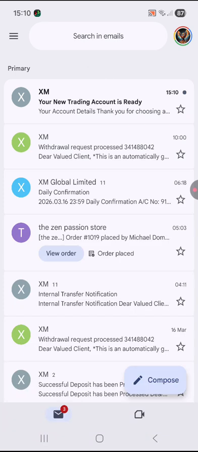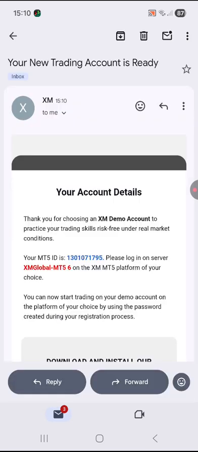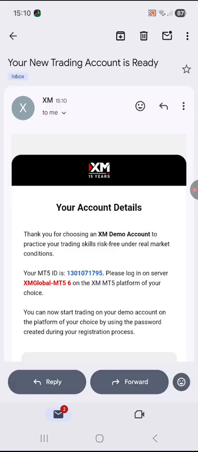So you need to register with the broker and then start the trading account. So this is my MetaTrader 5 ID. I copy this number. And this is very important. Please log in on server XM Global MT5-6. So you have to select the correct server on the MetaTrader platform.